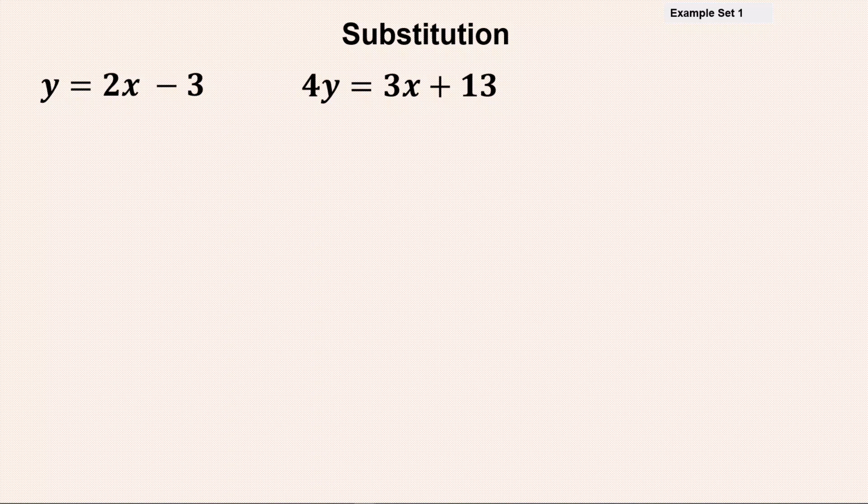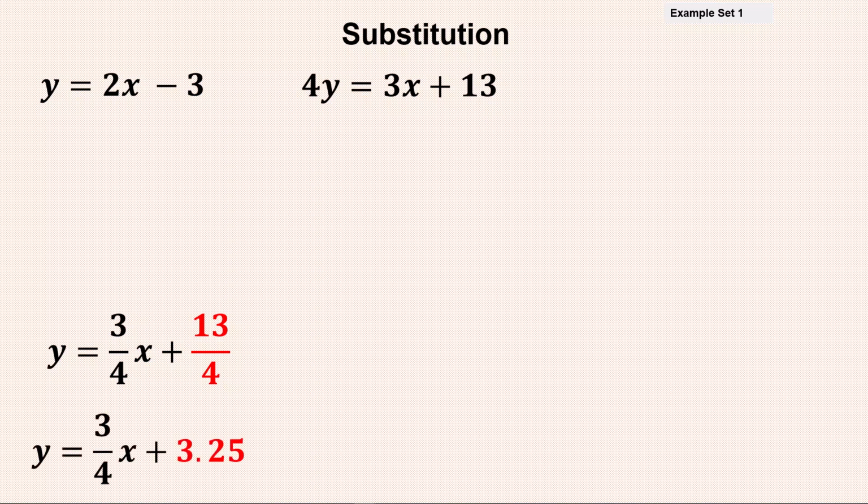Here, you can see the first equation shown in slope-intercept form with the y variable isolated, y equals 2x minus 3. But the other equation is not, and converting it to slope-intercept form does not make it easy to graph. The b value, the y-intercept, is the fraction 13 over 4, or 3.25, and that value does not locate well on the y-axis at a clear point, making the graphing approach not as easy to do.